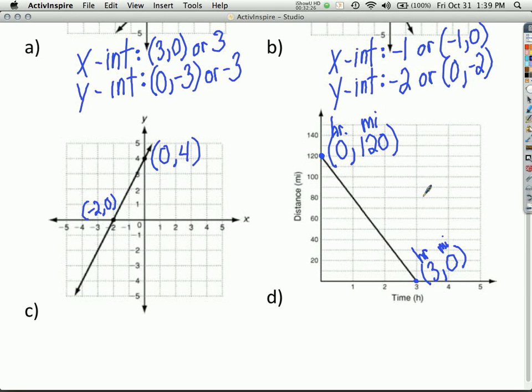So the intercepts have important extra meaning. The x-intercept tells you how much time has elapsed when there's no distance left. And the y-intercept tells you how many hours have elapsed when there's 120 miles that you still have to go. Okay? Any questions about that?